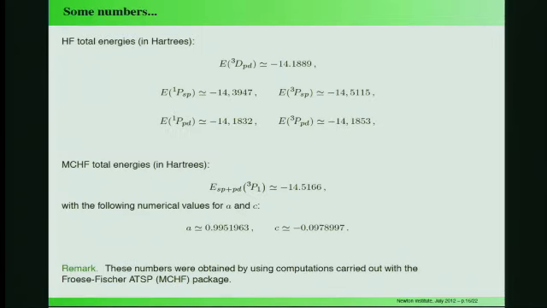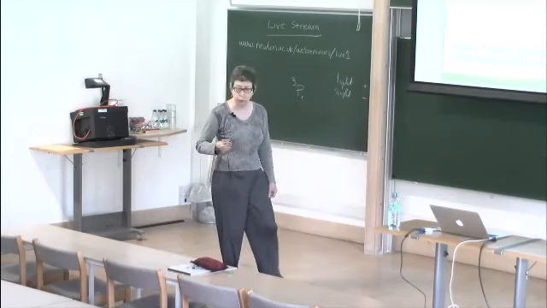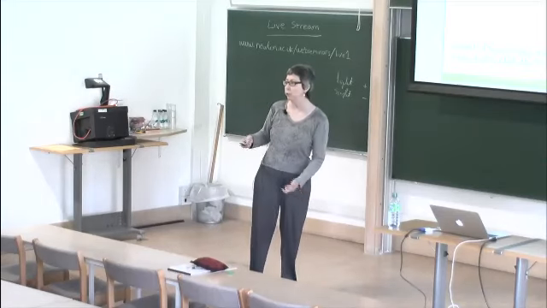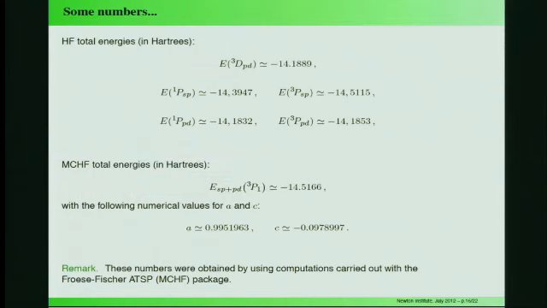Here I just put some numbers, not important. We make computations to have numbers, and when you compute separately all these energies, you see that really the triplet P is the one which has the lowest energy. All the computations we did in this paper were run by using one of the most popular packages in multi-configuration Hartree-Fock models, which is the ATSP package of Charlotte Froese Fischer.